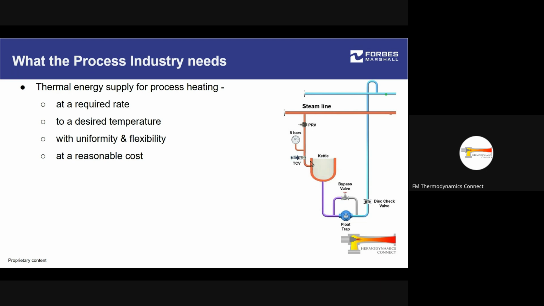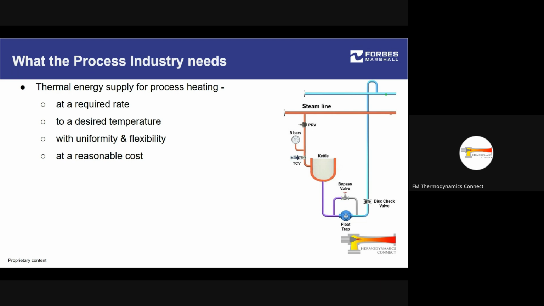It can't be, for example, 120 degrees Celsius in this corner, 130 in this corner, and 90 in this corner. It can't really have those many variations. It has to maintain it uniformly throughout. It also has to have flexibility because there are a lot of cases where the same heat exchanger is used for multiple purposes.